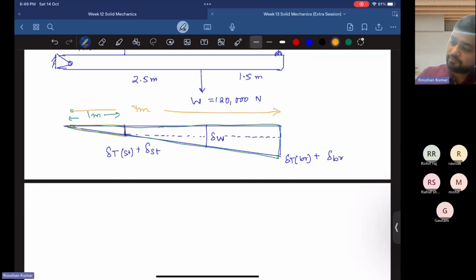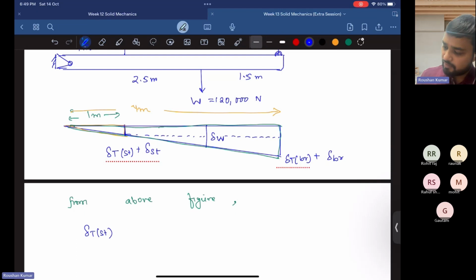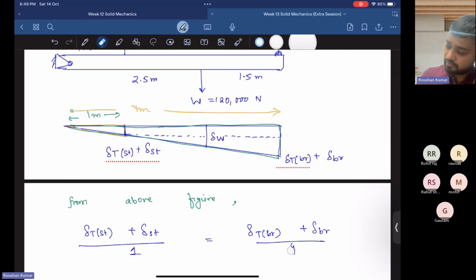So from the above figure, we can say that delta T of steel plus delta of steel upon 1 is the same as delta T of bronze plus delta of bronze upon 4.